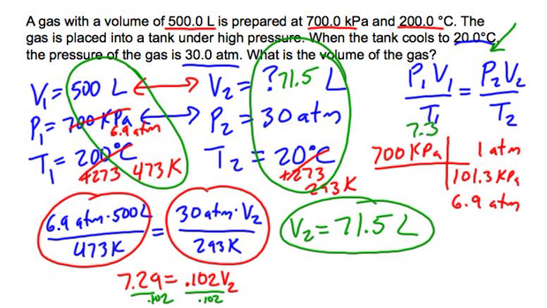That is P1 times V1 over T1. If I've done this right, that should equal P2 times V2 over T2. So P2 is 30 times 71.5 divided by 293, and I get 7.32. Pretty close. So that checks out. This answer is probably right.